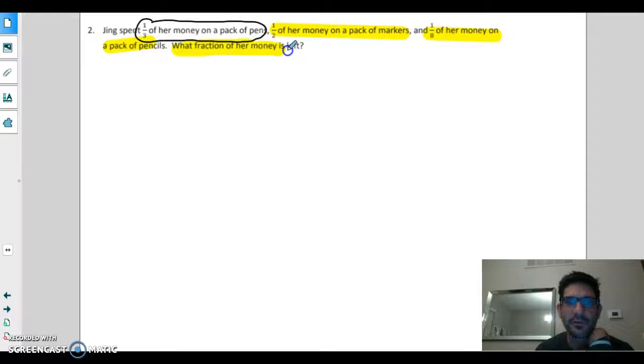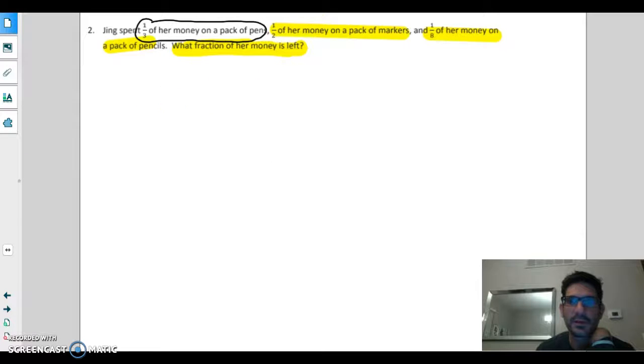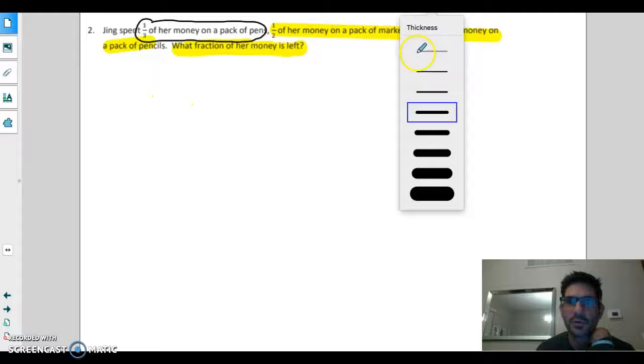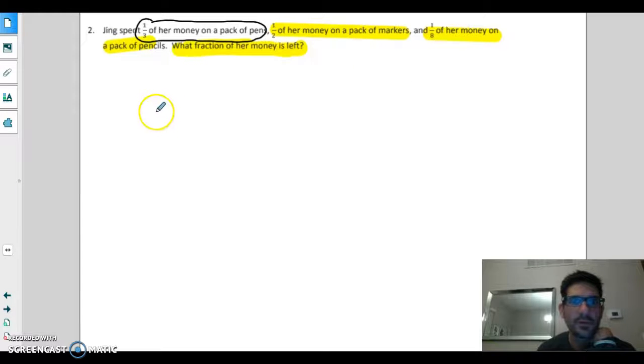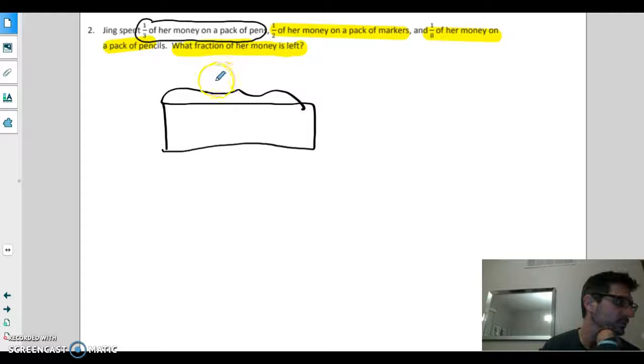What fraction of her money is left? So let's do this. This wasn't there last time. I'm so excited. Okay, so now I'm going to make my diagram. And this is going to represent the amount of money I have. All of Jing's money.